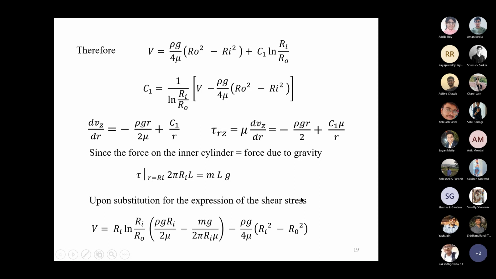And once you do that, you get the velocity expression. And of course, here I can find that the velocity is a function of the geometric parameters, what kind of material the cylinder is made of, and of course rho and mu. These are going to be relevant in this specific problem.